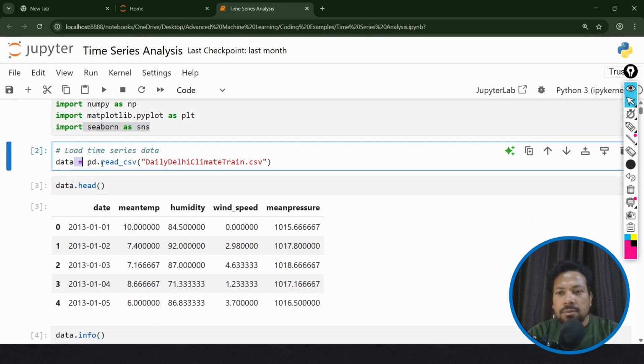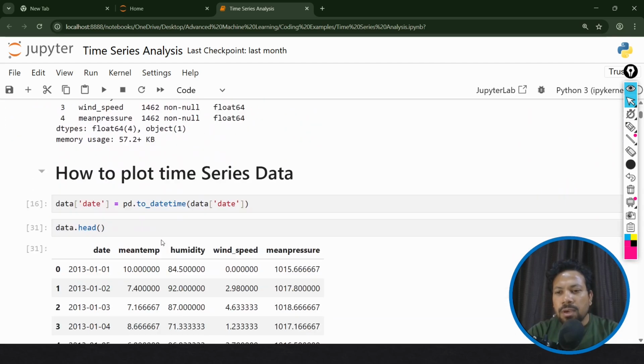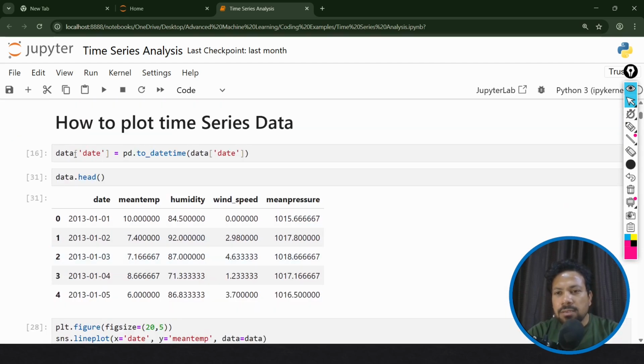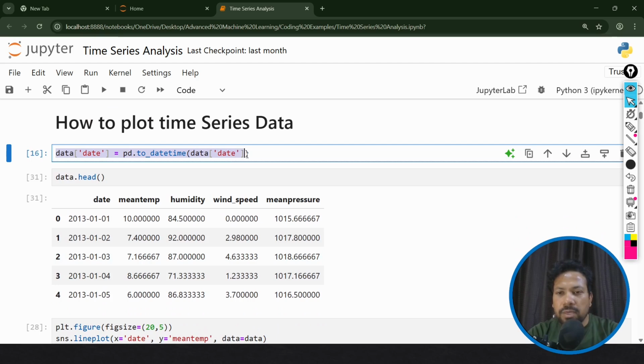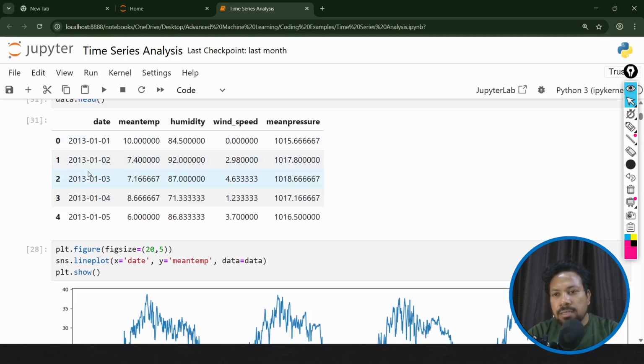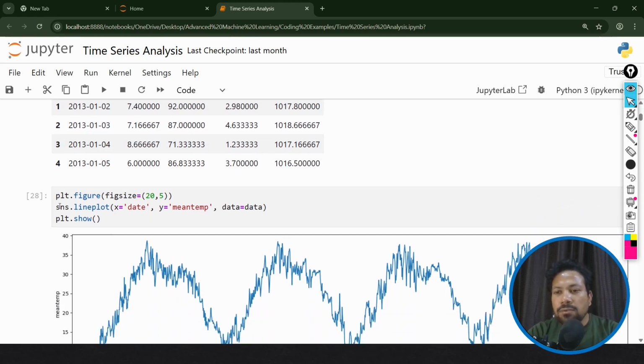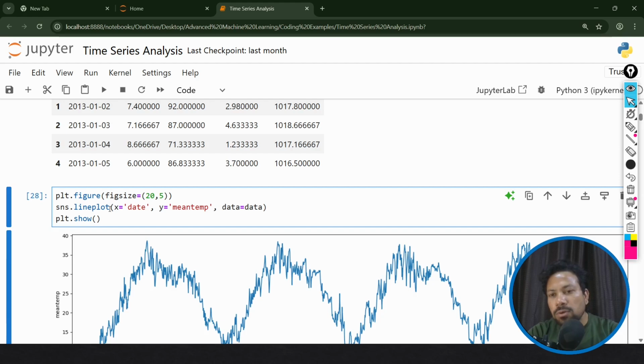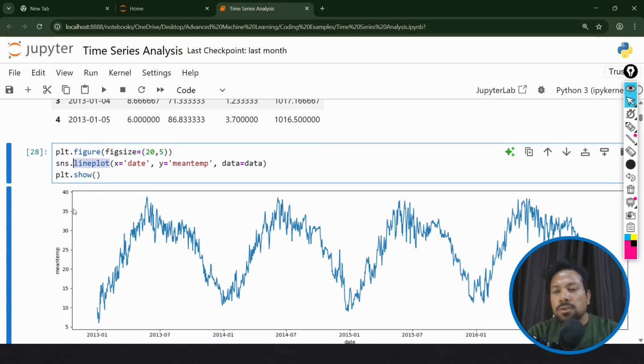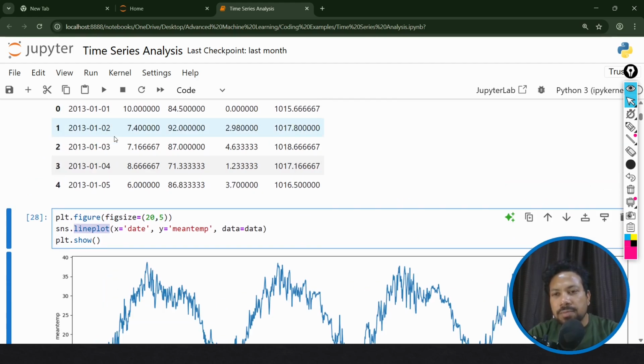And then I have imported the dataset, which I already showed you. After that, I converted my date to datetime format, and then I checked that the date is in ordered format and in sequence, so that's good. Now I have used the line plot from the Seaborn library, so you can draw a time series.